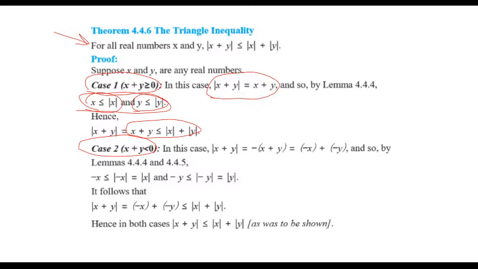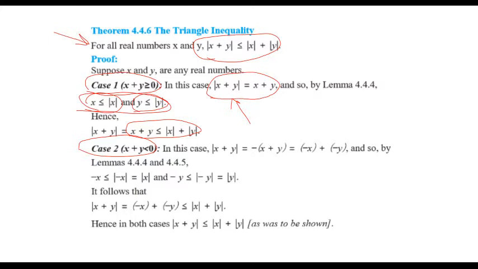So as a result, we obtain the inequality that we were looking for: the absolute value of x plus y is less than or equal to the absolute value of x plus the absolute value of y.